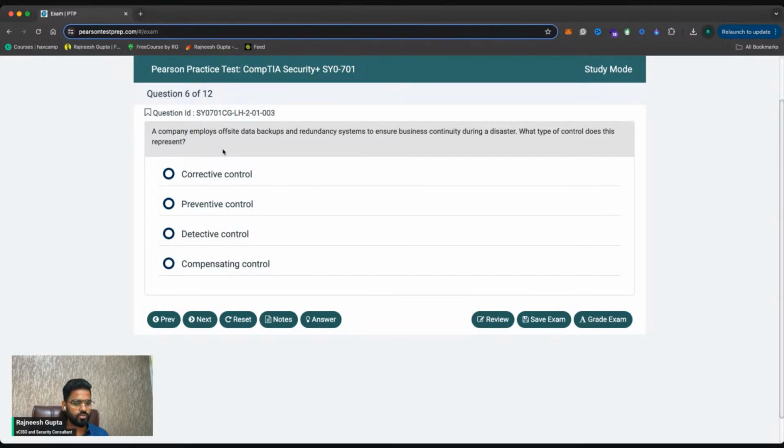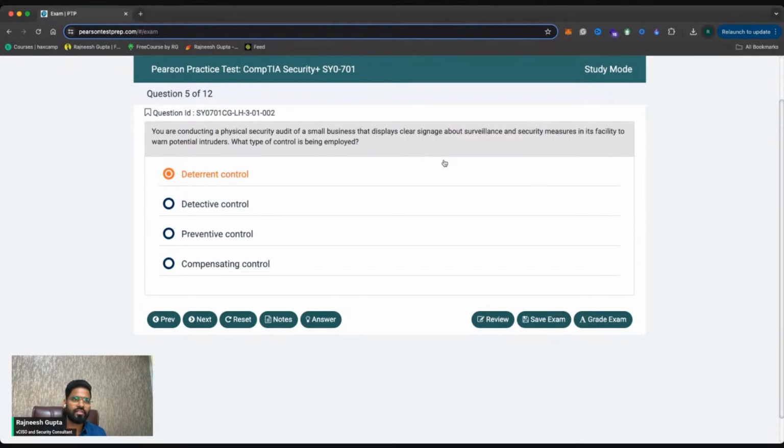Preventive control is also a possibility. For this one, no, it couldn't be, because preventive control is stopping something from happening. So it cannot be the right answer. This is part of audit activity where you do the surveillance and security measures.